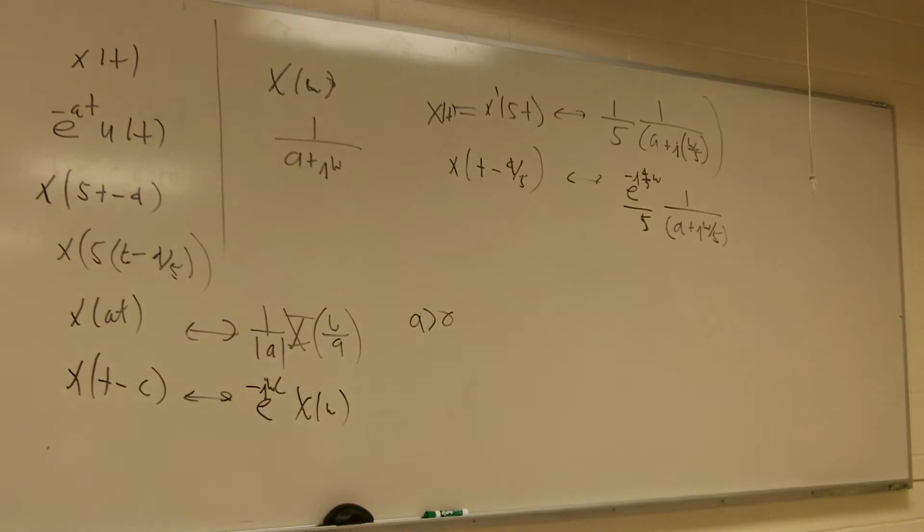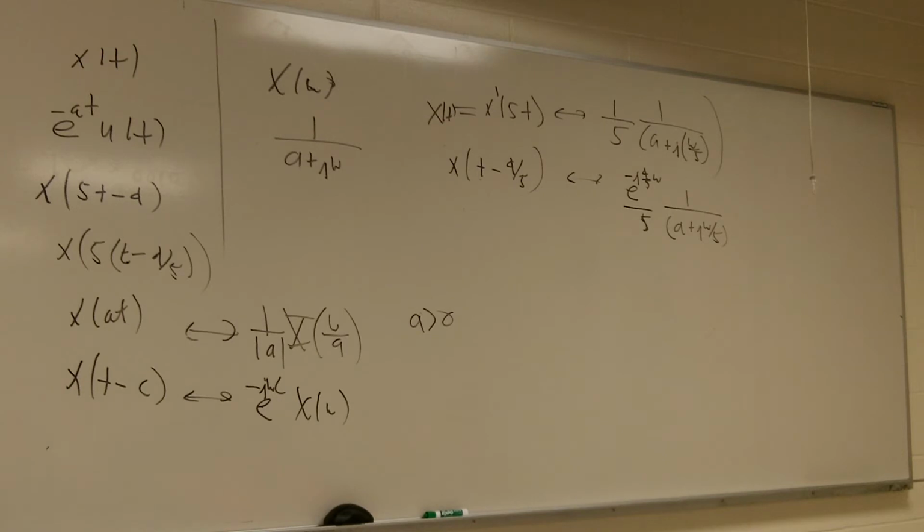It's going to be j omega times X of omega, because whenever I take a time derivative, if I know x of t goes to X of omega, I just multiply by j omega. You're right. Okay? With me?